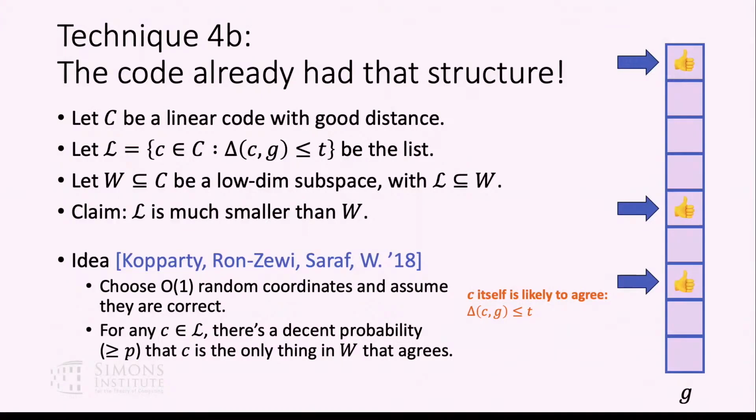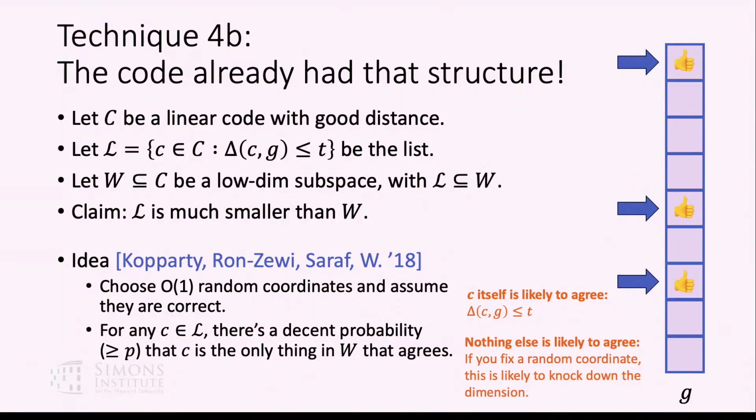And then I also need to show that nothing else in the subspace is likely to agree. Intuitively, the reason this is true is that I have some very low dimensional subspace, a constant dimensional subspace of a code with good distance. So all of the code words in that subspace are really far from each other.